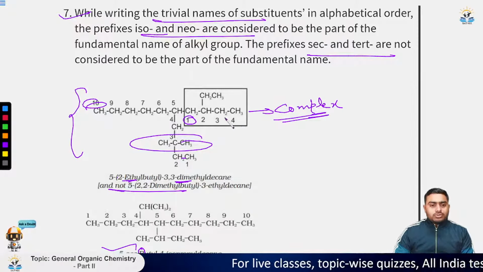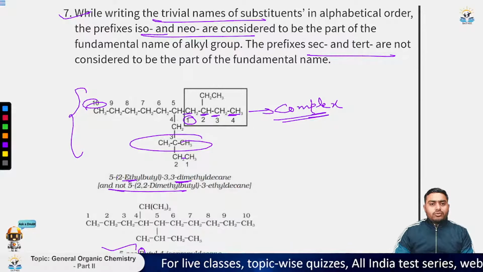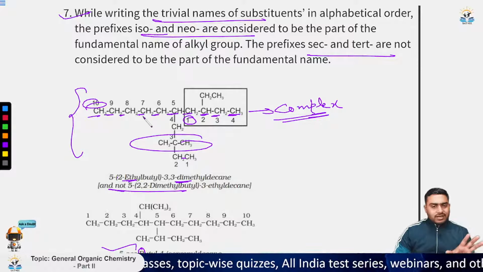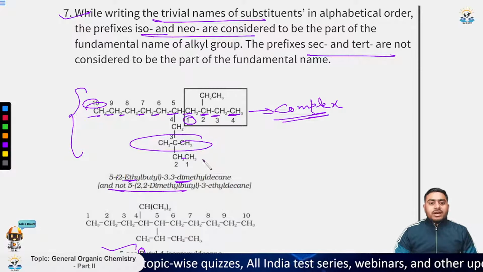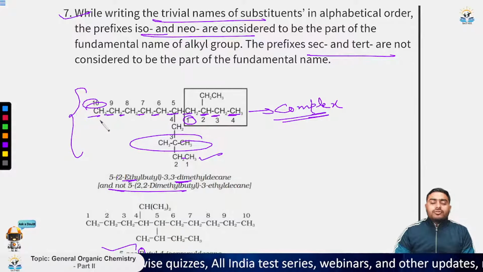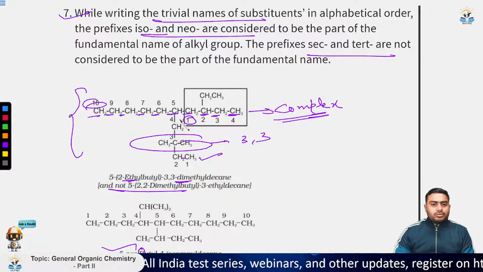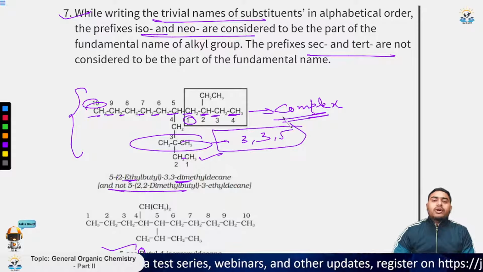Suppose you are choosing the nomenclature of this 1 2 3 4 5 6 7 8 9 10, 10 carbon, but we have to choose 1 2 3 4. Why? Because it includes, you can see at third position, then third position, then 5 position. So 3 side groups are there.